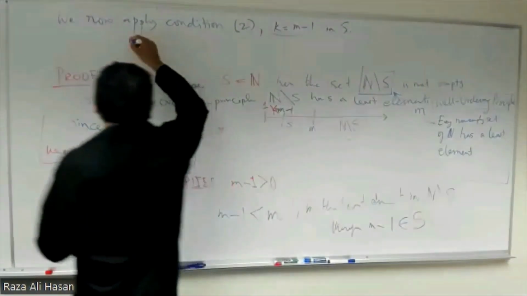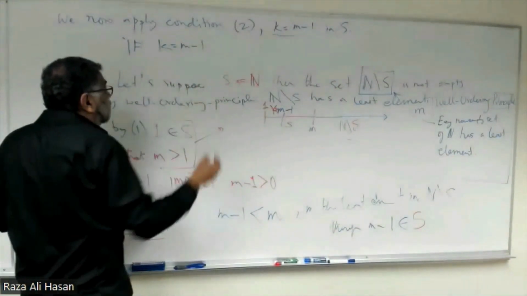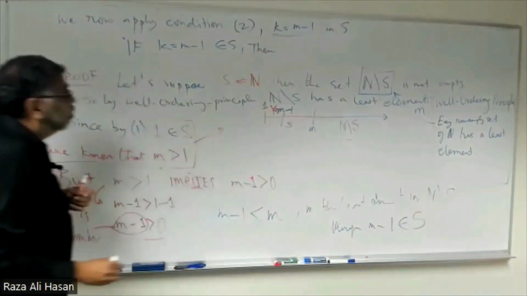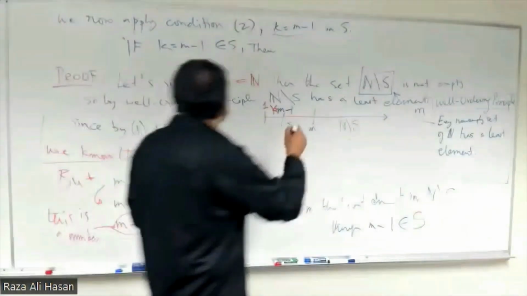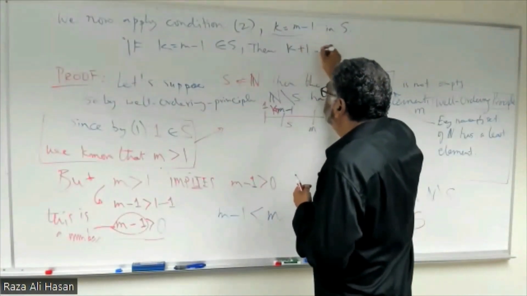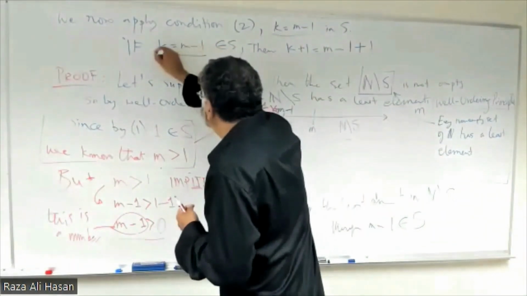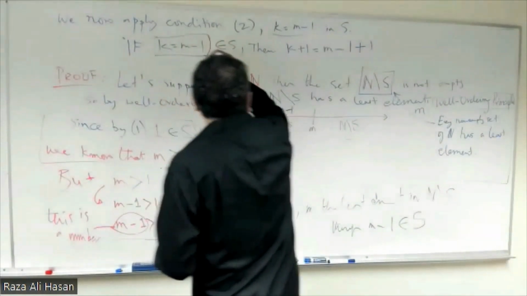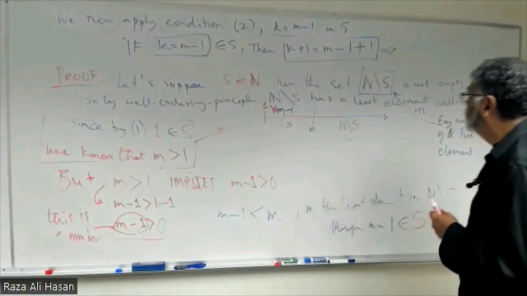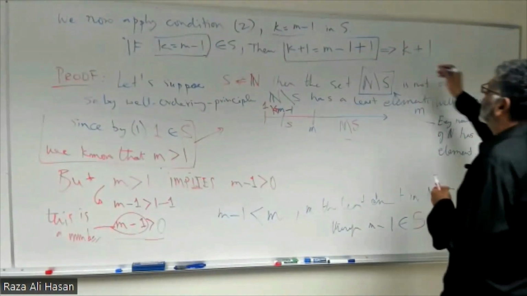So we can say if k equals m minus 1 belongs to S, then by the principle of induction, we're going to add 1 to both sides of this thing. Which implies that k plus 1 equals M. Very good.